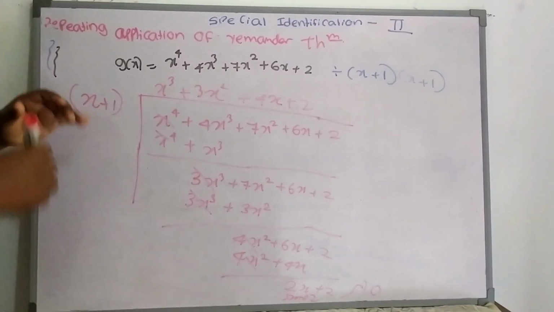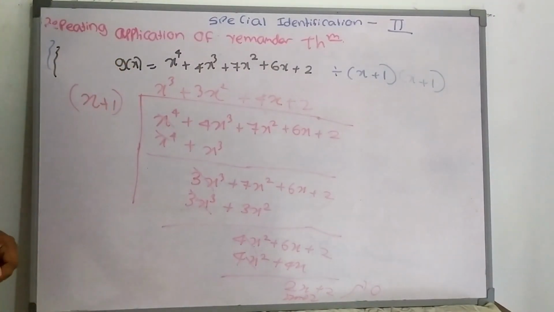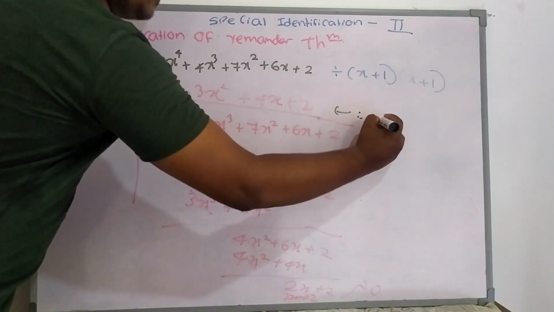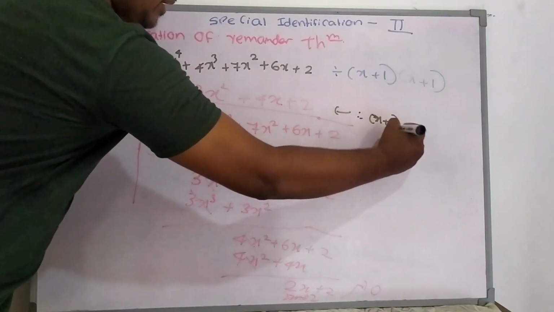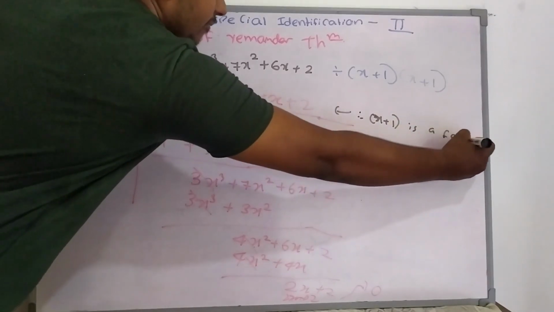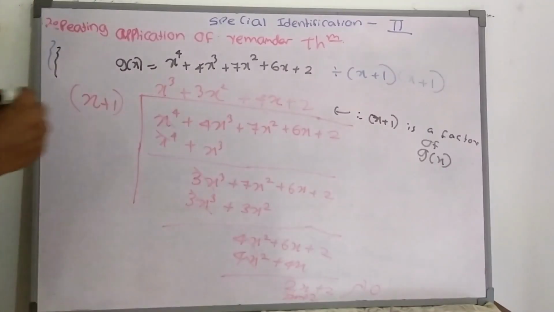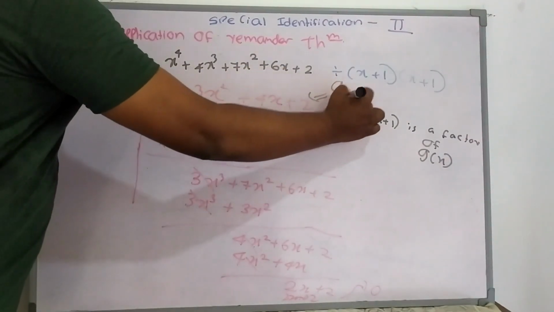Therefore, g(x) is divisible by x plus 1, right? Therefore, x plus 1 is a factor of g(x), right? So this is our psi 1(x) now.